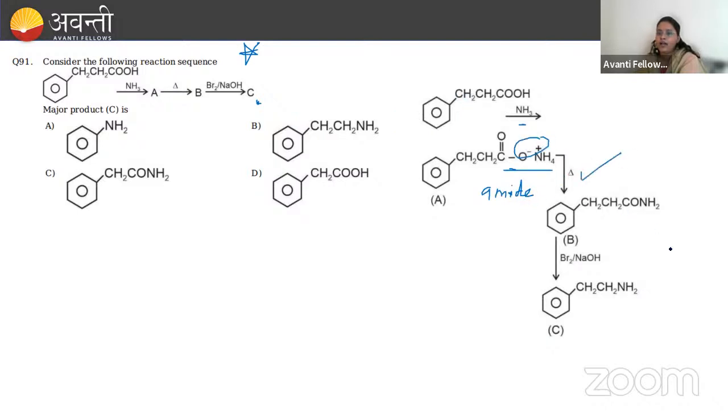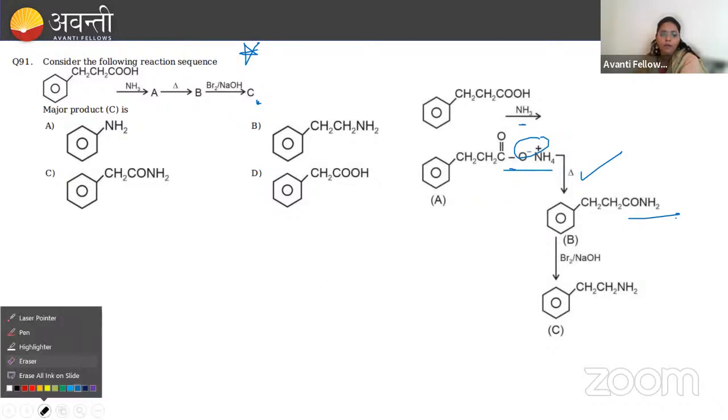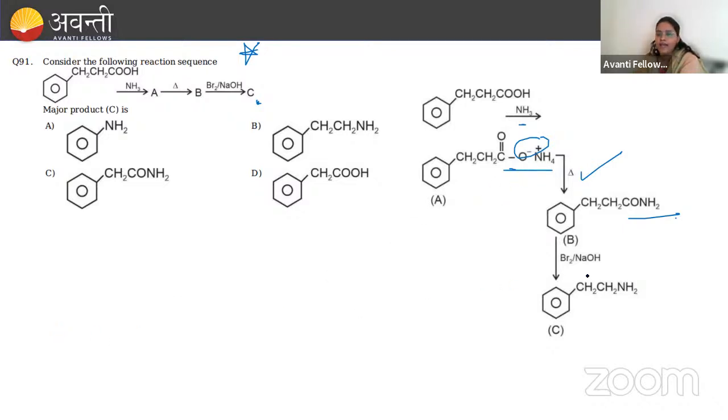Then when you heat, there is an actual formation of CONH2. There is a formation of amide here. Then that amide when reacts with Br2 NaOH, this is known as a Hoffmann bromamide reaction, in which one of the CO gets removed and the amide gets converted into amine with less carbon atoms.